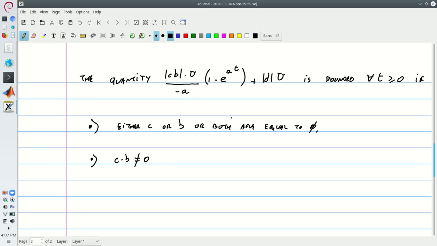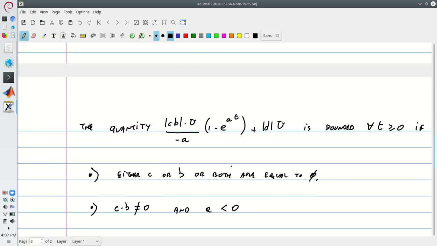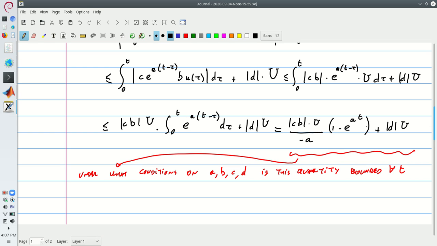If A is negative instead, this exponential, when t is positive and grows, vanishes. So A is less than 0. The only thing that we haven't considered here is that I have assumed, when I integrated this, that A was different from 0.